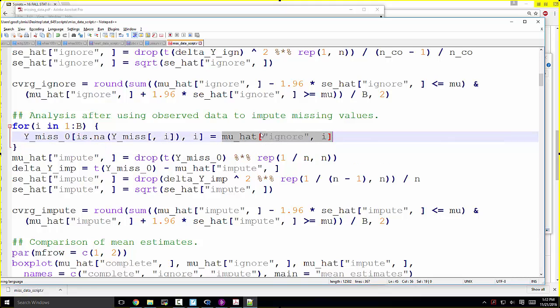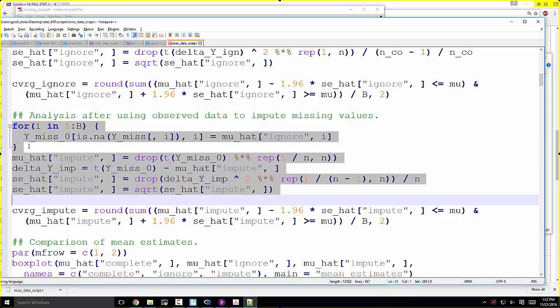In the previous step, we computed the average of just the complete data. So now, instead of proceeding with only the complete data, we're going to replace the missing values with that average that we computed.